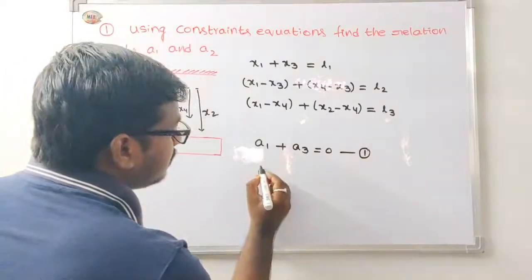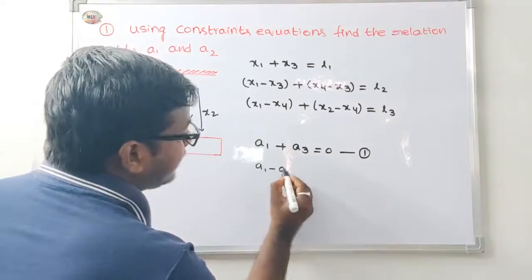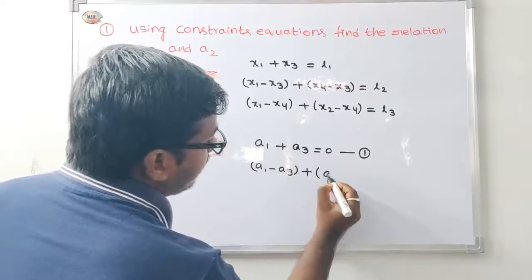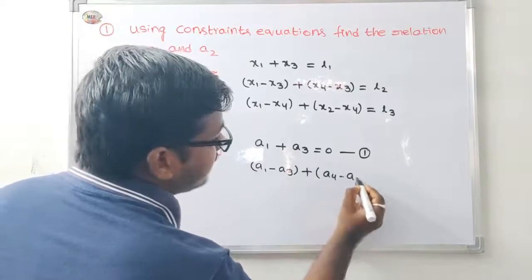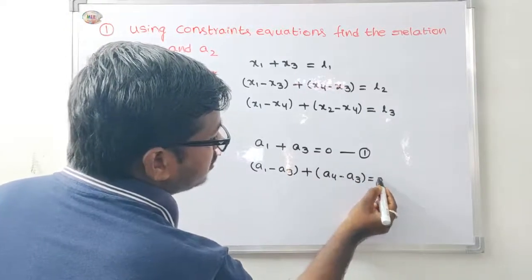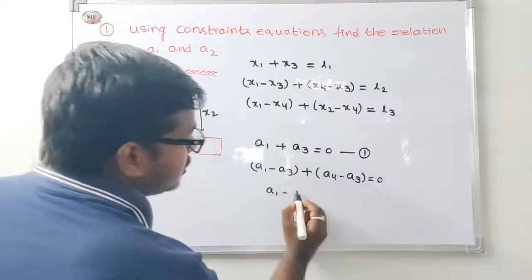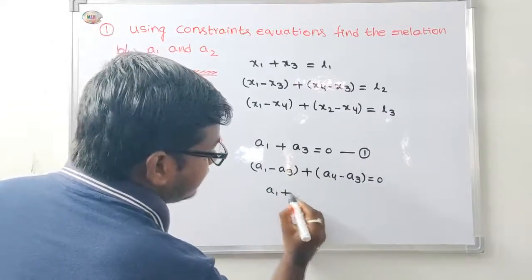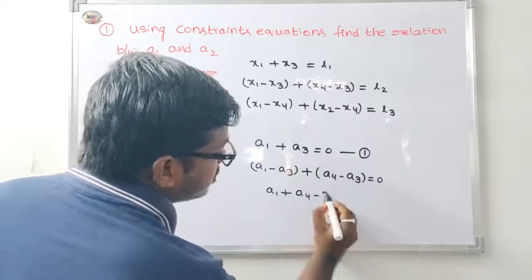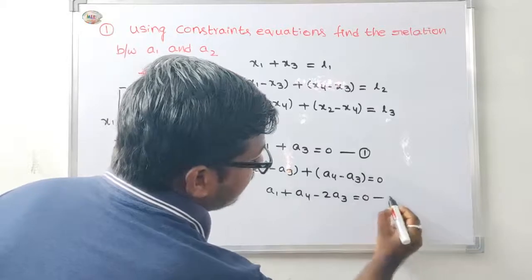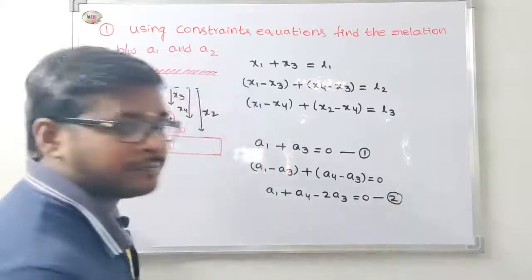Next, a1 minus a3 plus a4 minus a3 is equal to 0, so a1 plus a4 minus 2a3 is equal to 0, equation number 2.